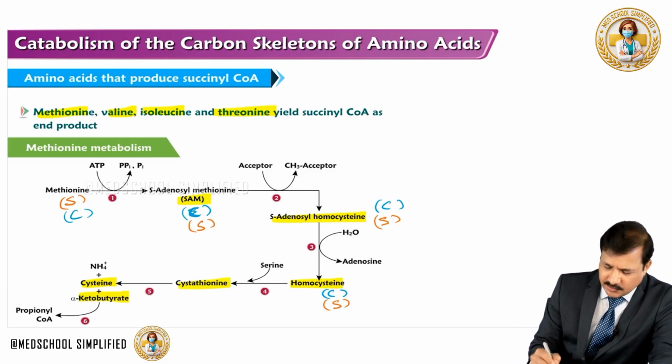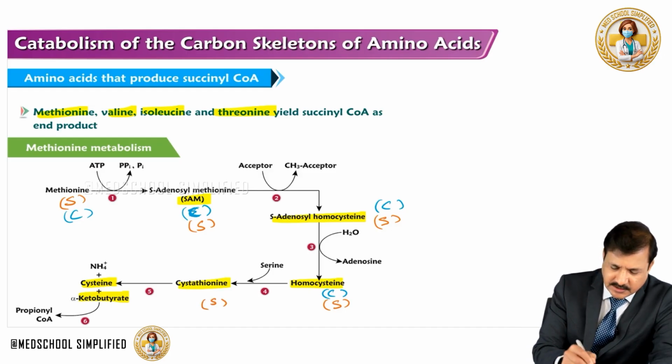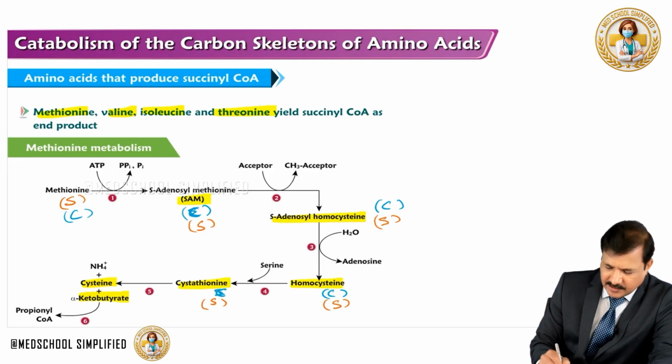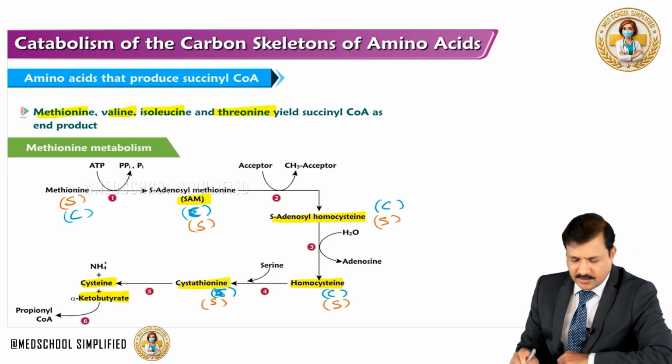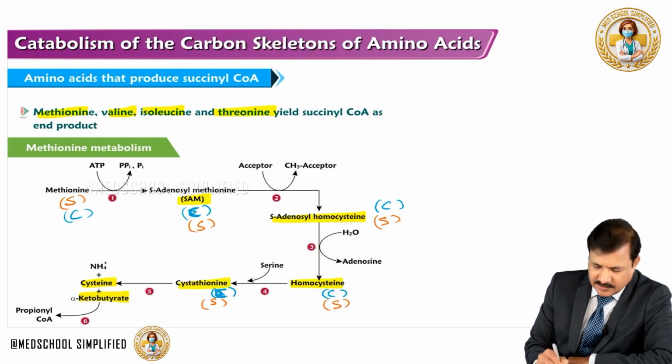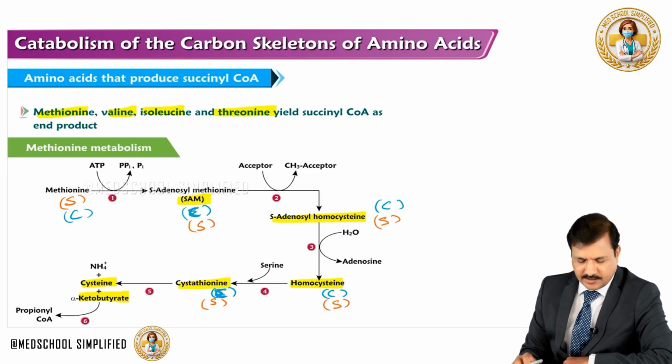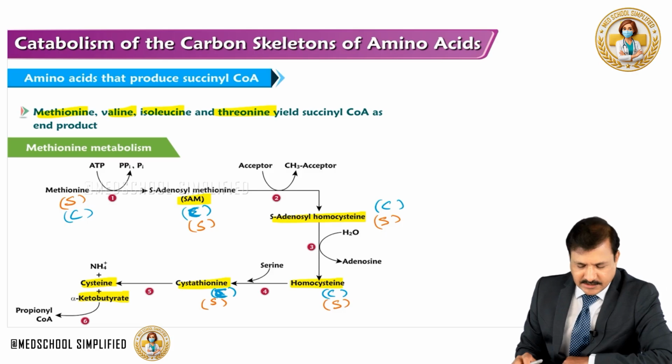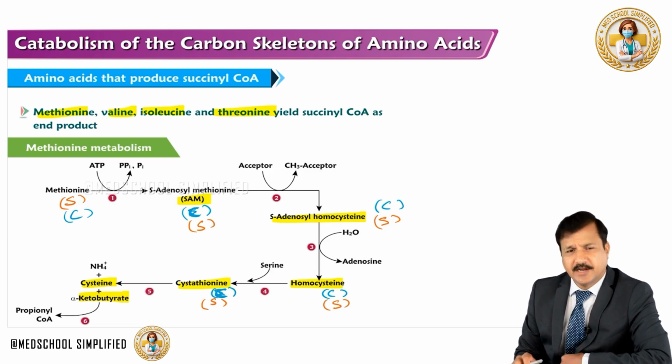I will just continue to write. Sulfur coming from methionine is there, carbons coming from methionine are there, in cystathionine. So everything is retained. Now, let us see what happens. Cystathionine breaks into cysteine and alpha-ketobutyrate. Now, something changes.